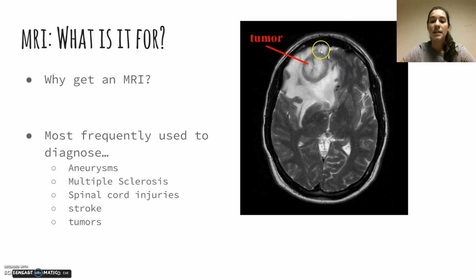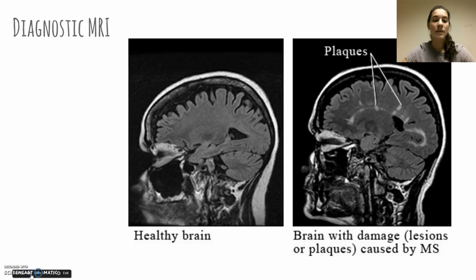Right here you can see the image of a tumor in the brain, and you can see that through the MRI imaging. So here you can see an MRI of a healthy brain, and over here you have a brain with multiple sclerosis, so you can see the plaques and lesions in the brain that show up on the MRI.